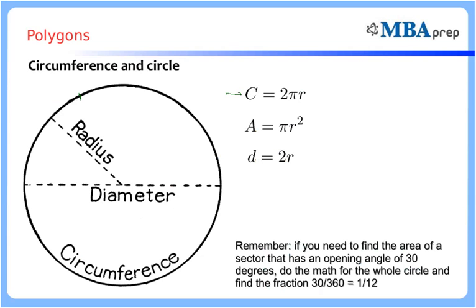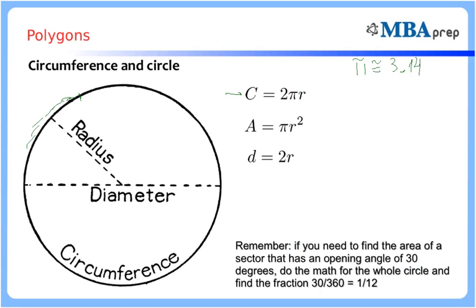So imagine that you're walking here. The length would be twice pi r, and it's good to remember that pi is approximately 3.14. The area is pi r squared, and the diameter is twice the radius.